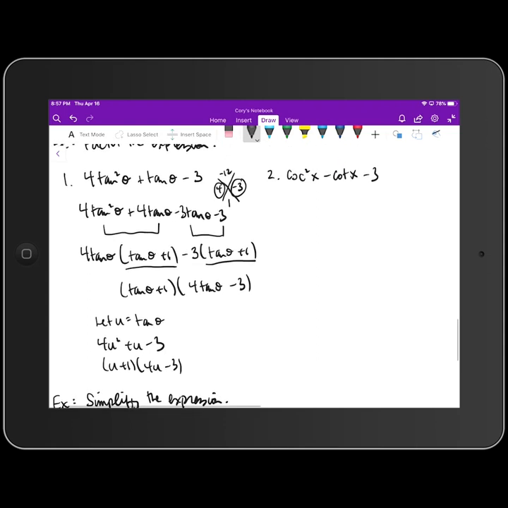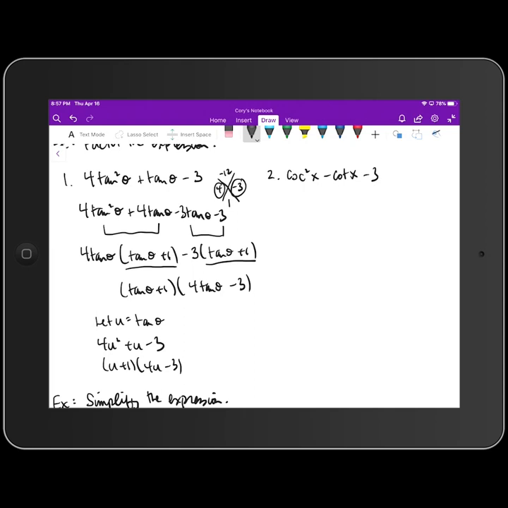When you look at example number 2, there are some similarities between this and the previous example. So again, we have a quadratic trigonometric expression, just like we did in example number 1, but we have a problem with number 2 in that our trig functions do not match. So when you look at the squared term, it is cosecant squared, and then the linear term, the middle term, is cotangent.